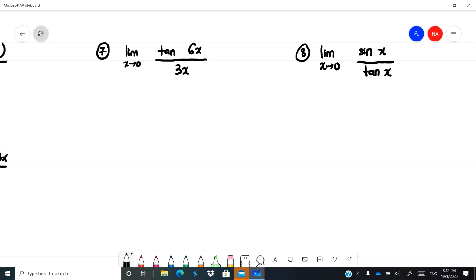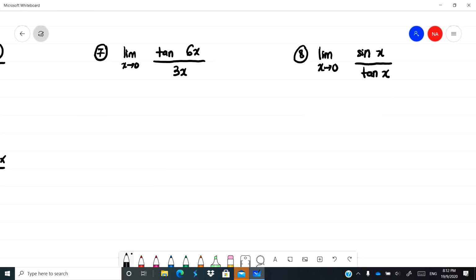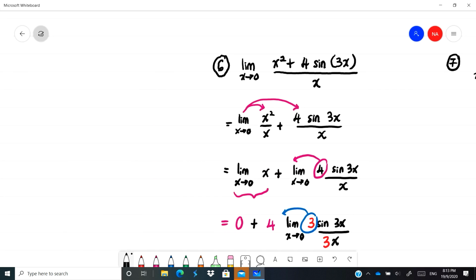So what about the function when it involves tangent? Also in this case, when you try to substitute x with 0, you get the 0 over 0 case. So when it involves tangent, you have to convert to something which contains the sine function. Please take note, tangent x is actually sine x over cos x.